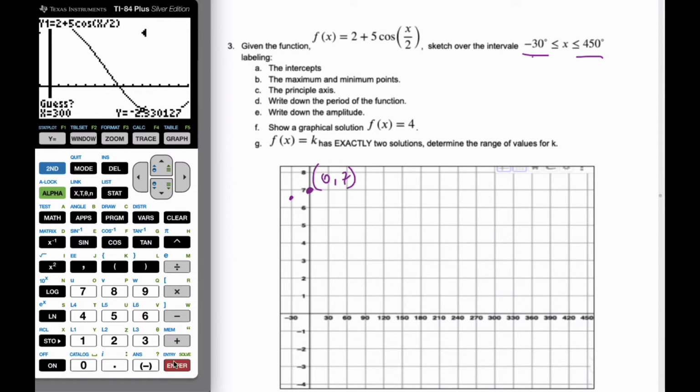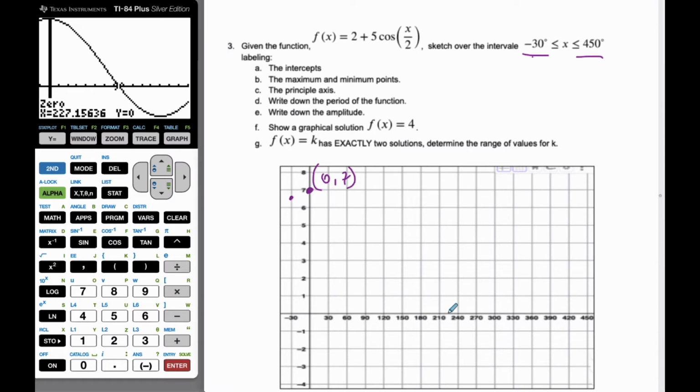I'm just guessing. Then I back up just a little bit to guess nearby. And I get 227. So this is (227, 0).